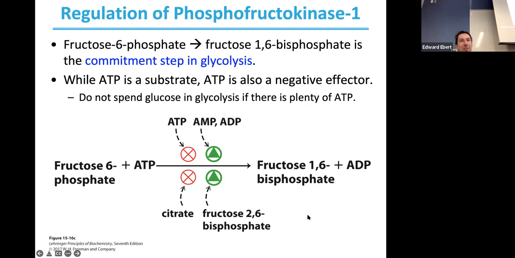Remember that fructose 1,6 bisphosphatase 1? Well, now we have a fructose 2,6 bisphosphate. But this is just a regulatory molecule that affects PFK1. Okay, so we basically make a cognate molecule of the product here. And if we have a lot of fructose 2,6 bisphosphate, it's going to say, hey, make more fructose 1,6 bisphosphate.